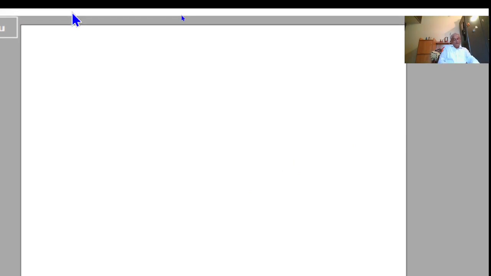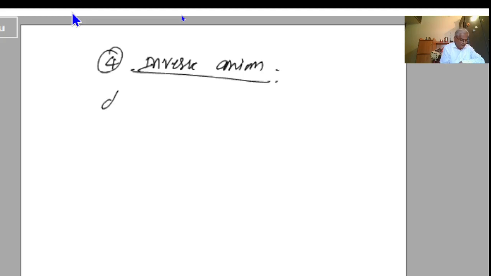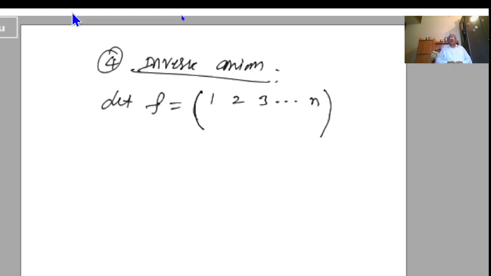And fourth axiom is the inverse axiom. So here let F be equal to 1, 2, 3, 4 up to n, and in the second row we have to write the same elements in some different order.